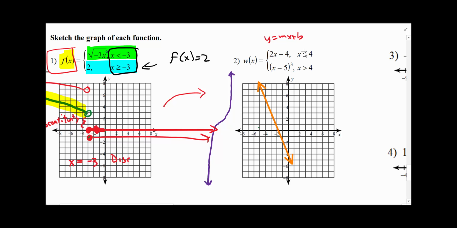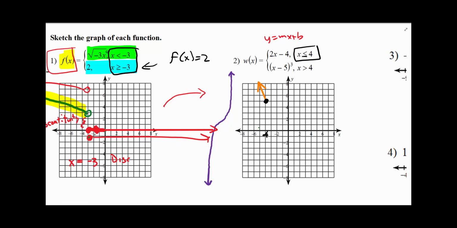But notice the restriction. The restriction says the only part that we care about is when x is equal to -4 and less than that. So I'm going to follow the graph up to -4, solid line, solid dot, and all of this other stuff can go away. So that's that graph.